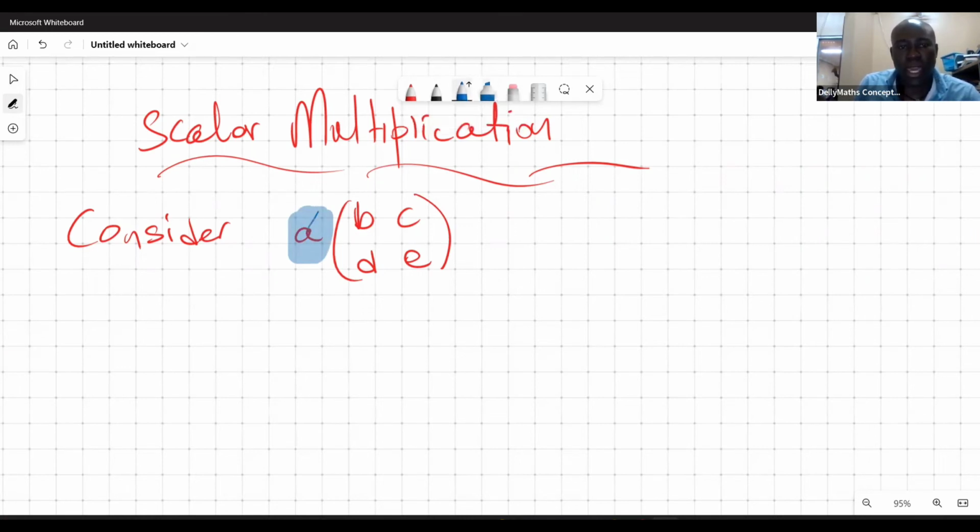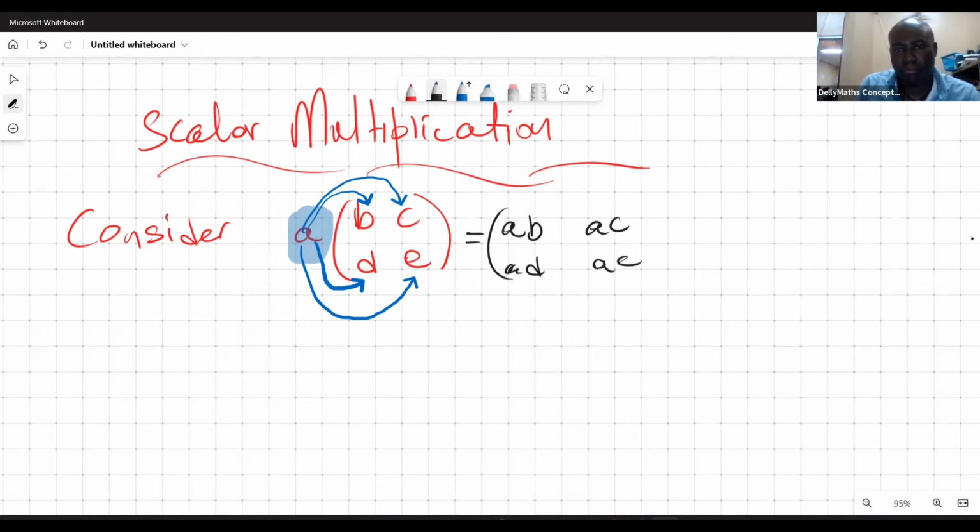For example, the A will multiply with the B, the A will multiply with the C, the A will multiply with the D, and the same A will multiply with the E. As a result of that, we're looking at AB, AC, AD, and AE. So pretty much, when you look at the final result, we're seeing that A actually distributes itself by multiplication to every element that was in that matrix. So that's just the idea.